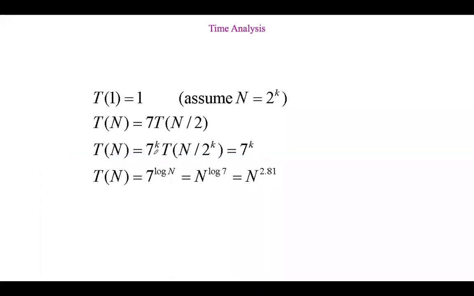If you go on substituting, 7 to the power of k times T of n divided by 2 to the power of k, which leads to 7 to the power of log n, which is nothing but n to the power of log 7, that is n to the power of 2.81. In basic matrix multiplication, we got complexity n cube. Here the complexity is almost n cube, but a little bit lesser.